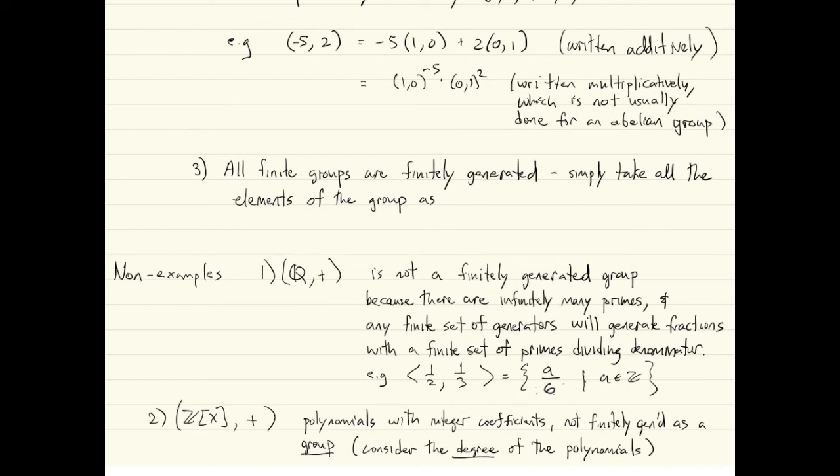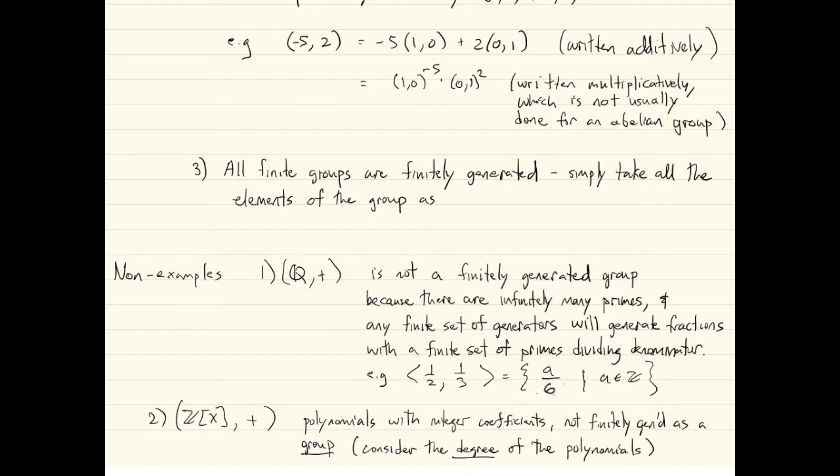It doesn't, but suppose they did. Well, what does the group generated by 1/2 and 1/3 look like? When you add any number of copies of 1/2 to 1/3, you'll only get numbers that have 6 in the denominator. You won't get anything that has, for example, a 5 or a 7 in the denominator.